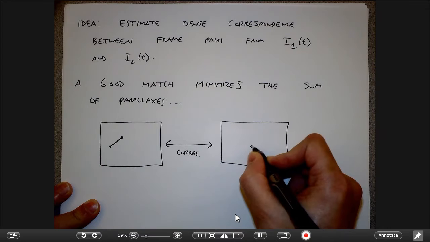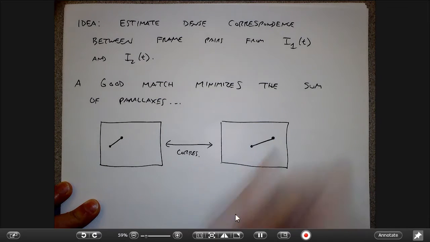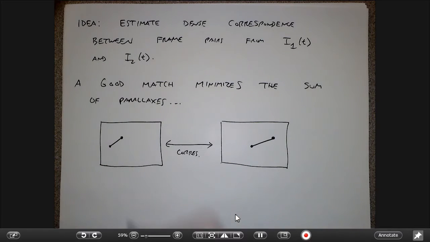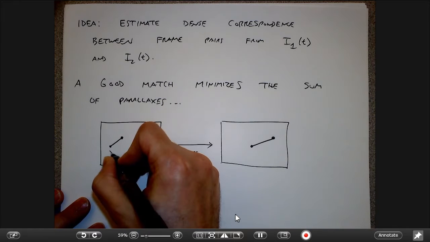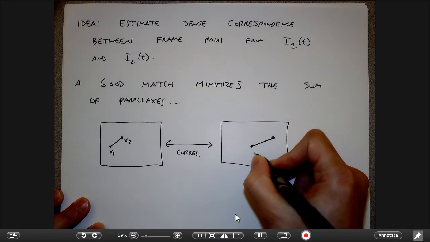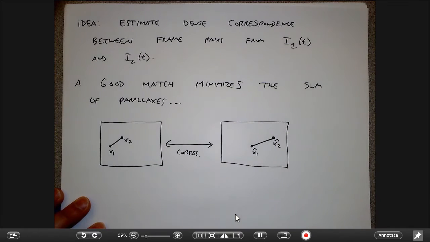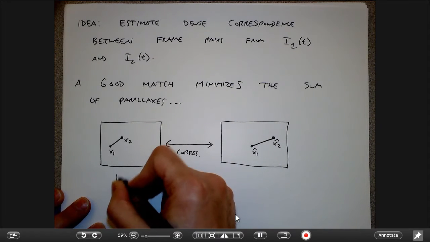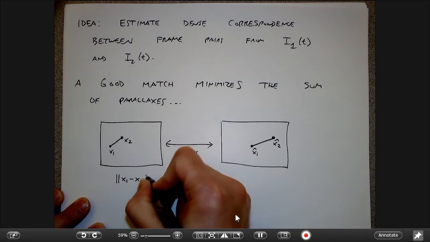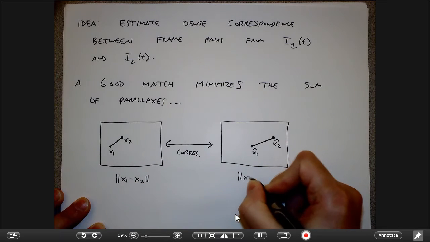And then I look at 2 points over here that may match, call them x1 and x2, and x1 hat and x2 hat. The parallax you could consider to be the difference between these point positions.